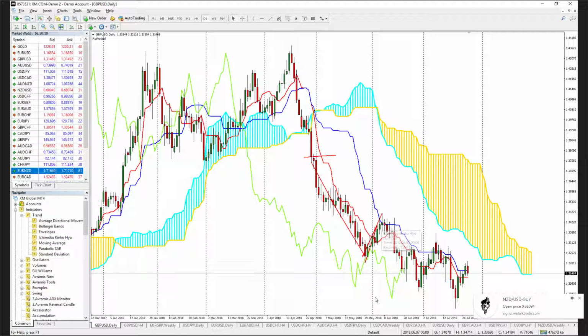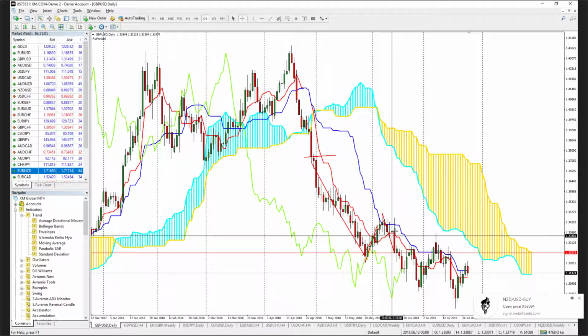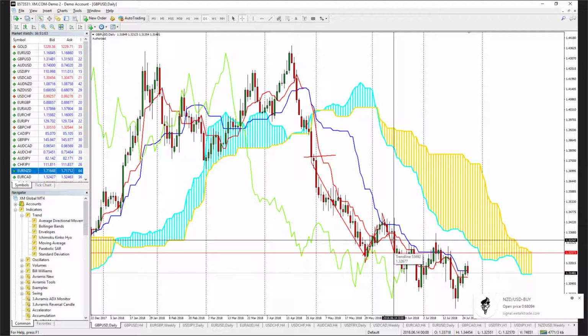Now, if the market finds resistance at the Kijun Sen, then recloses back below the Kijun Sen, that could be a sell signal. Also, when the market goes above the Tenkan Sen and then recloses back below the Tenkan Sen, that is also seen as a sell signal. Notice again, price is below the Kumo, red line below blue line, price below red, price below blue.